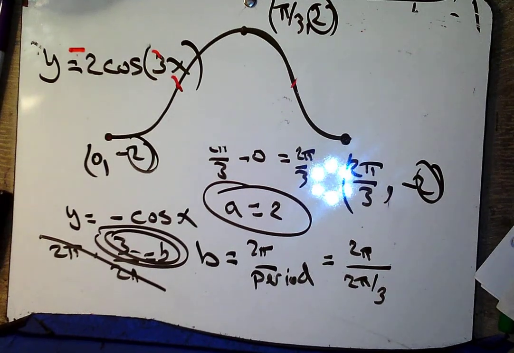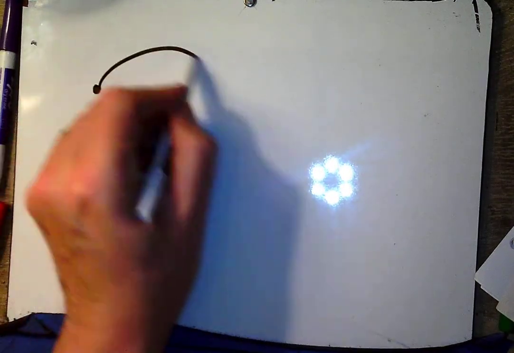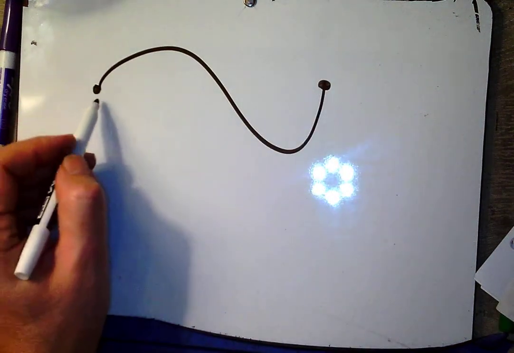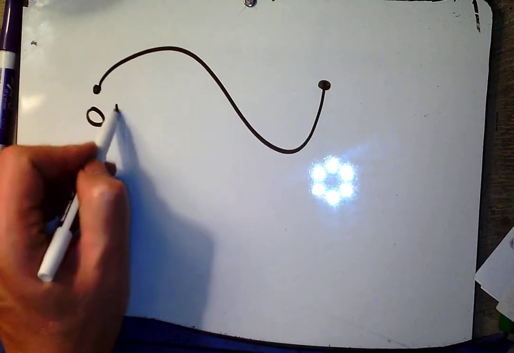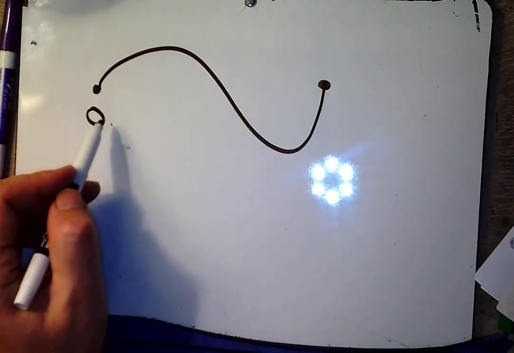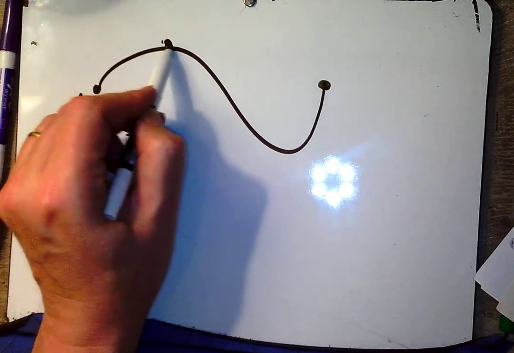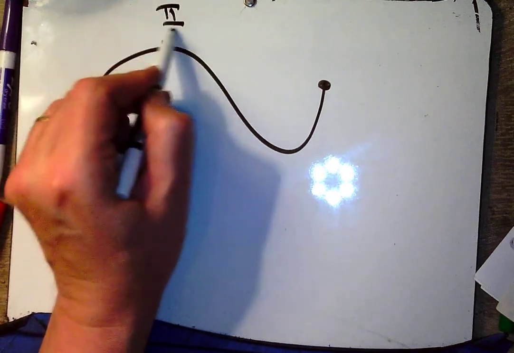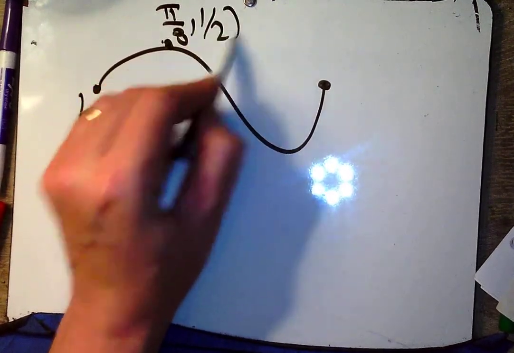Okay, let's do a couple more of these just to build a little more confidence with them. How about this one? Here we've got (0, 0). And here we've got (pi over 8, 1/2).